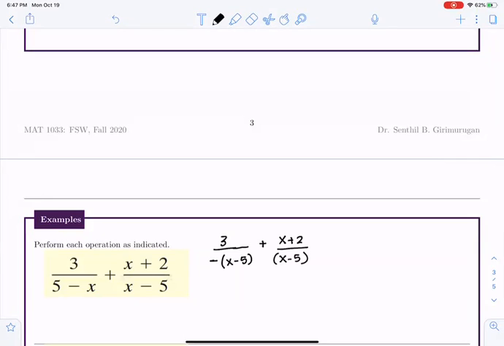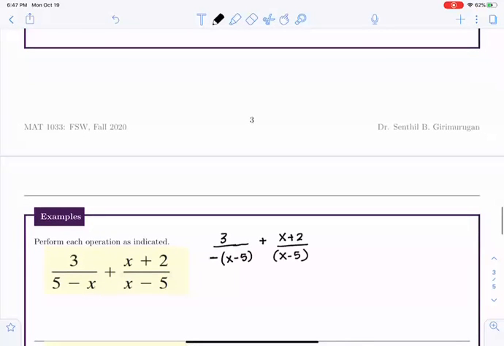And one may argue, well, we have different terms here, so I just have to multiply them to get the least common denominator. That is not true. If all we have is negative 1 in the denominator, I can move that negative to the numerator, and I could rewrite it as negative 3 over x minus 5 plus x plus 2 over x minus 5.